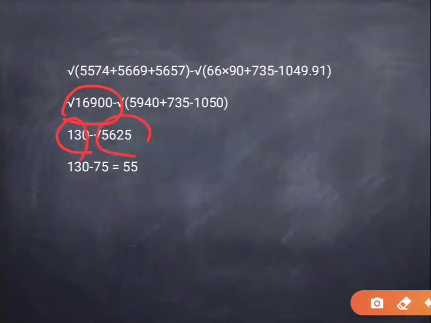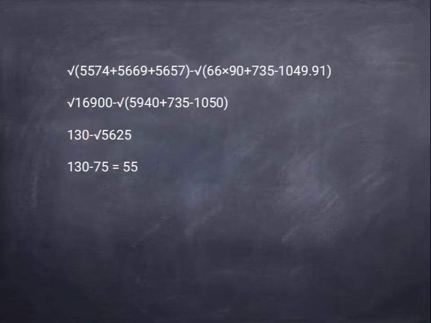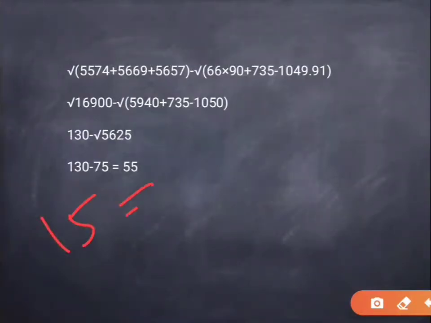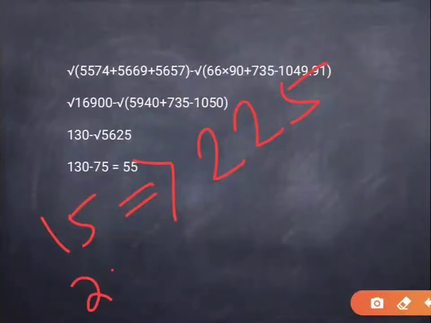Now what is square root of 5625? Before telling that, I will say how we can calculate the square of a number ending in 5. Let's just take some examples. So take 15. What is the square? 225. 25.